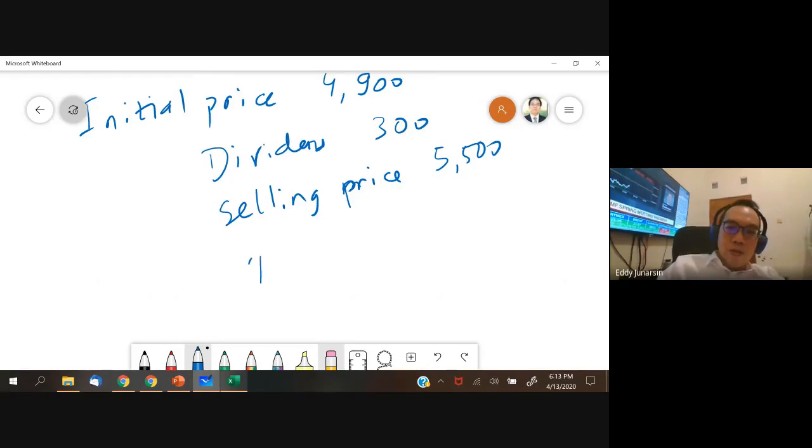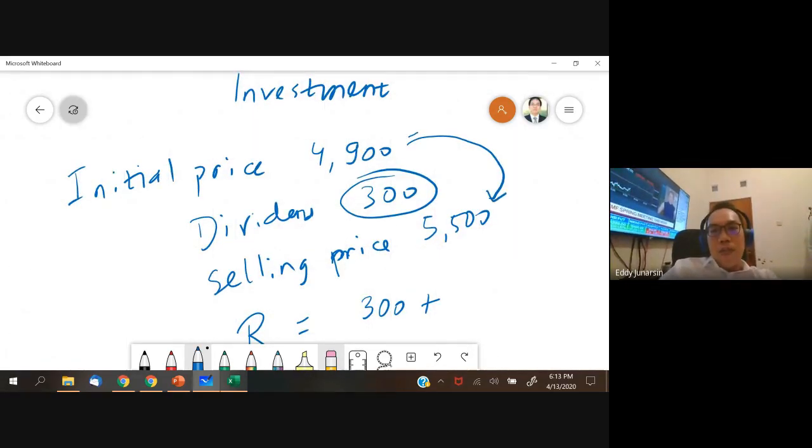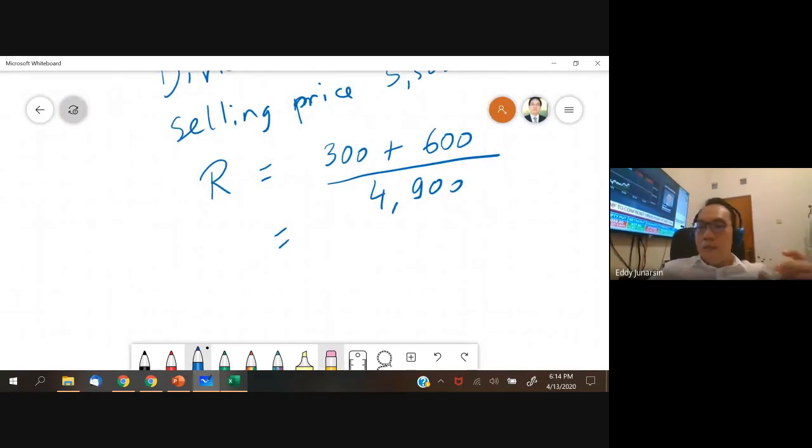So what is your return? It's quite easy. Your historical return should be, what do you earn again? Dividend income of 300, right? And then you also get capital gain from 4,900 to 5,500. So you gain 600 as your capital gain. Total gain is 900 divided by your initial investment, which is 4,900. I'll calculate quickly using my calculator.